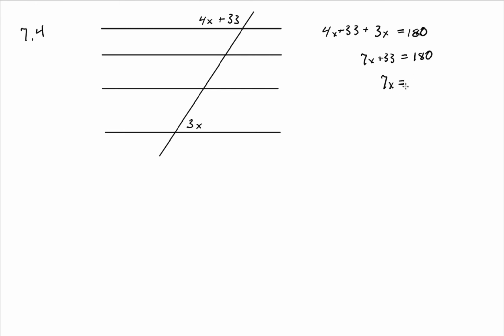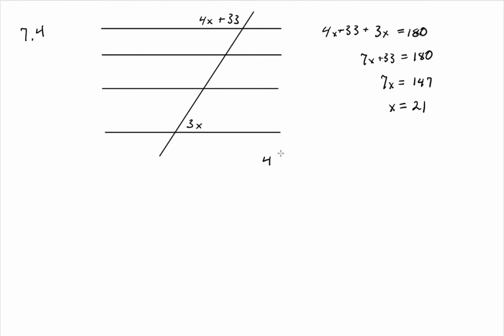So it's going to be 147. Just doing a little math in my head there. And when we divide 147 by 7, we get 21. Now, our directions tell us to find the measurement of both angles, right? So we can easily find this now.